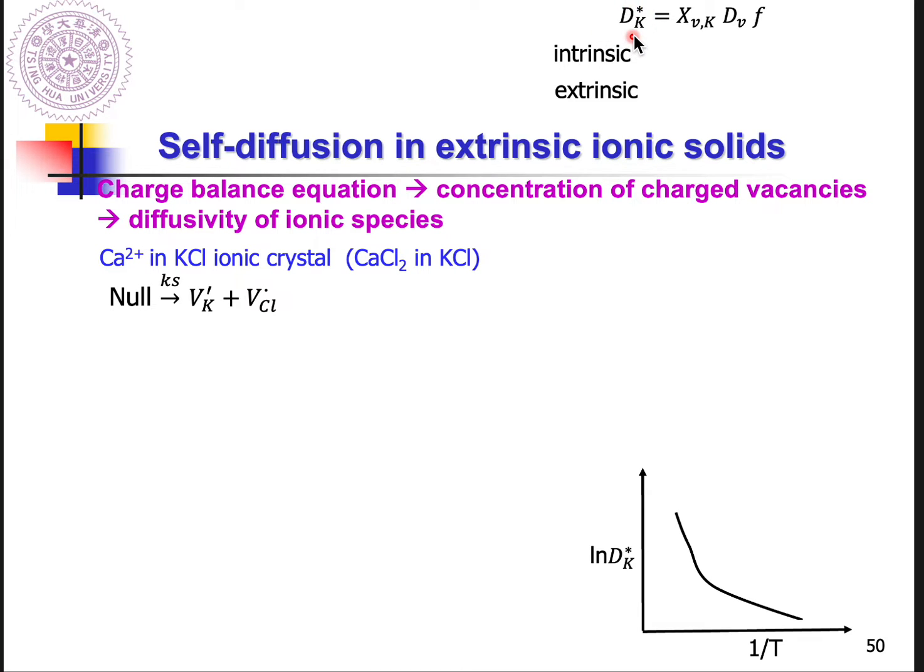So as long as we can manipulate or change this vacancy fraction at the potassium site, then we can easily change D_K. Some people will probably ask, Professor, how about f? As long as you choose your material of interest with a specific crystal structure, then f is already a constant. And D_V involves the energy barrier of migration.